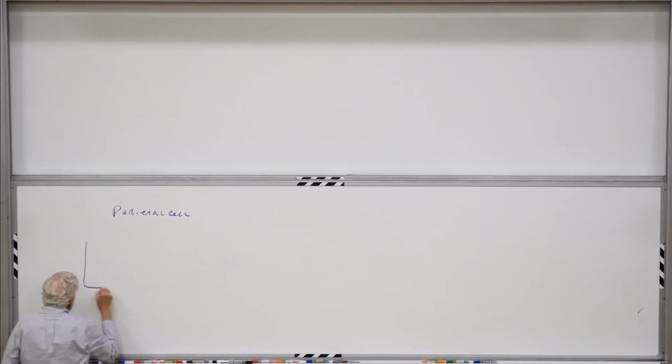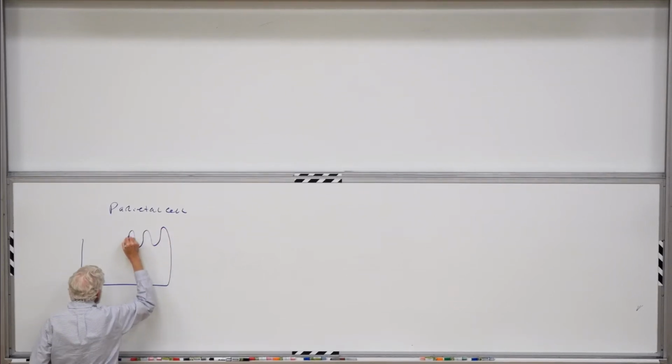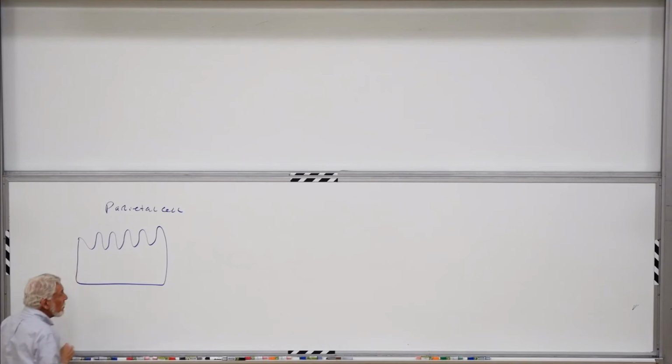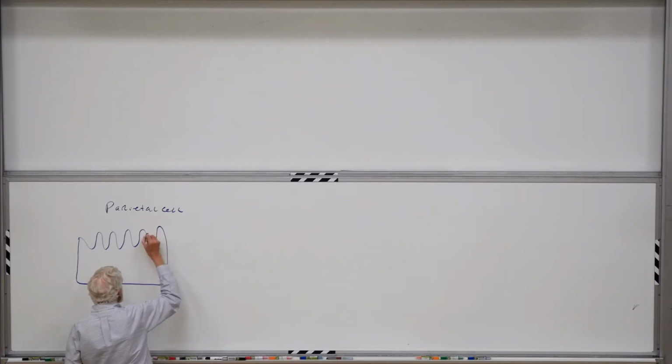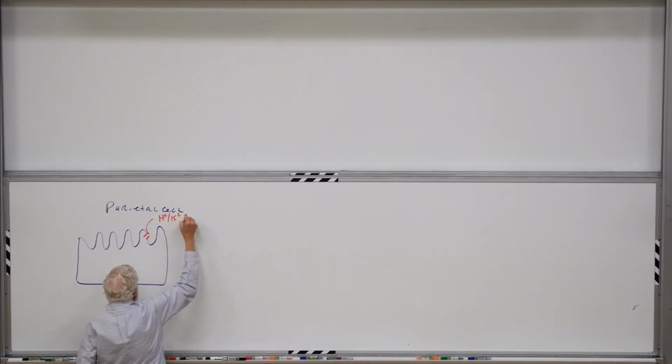And we described the parietal cell as being an epithelial cell in the gastric pits, part of the mucosa. And its major function was to have out on its apical surface this transmembrane protein, which was a hydrogen ion potassium ATPase.